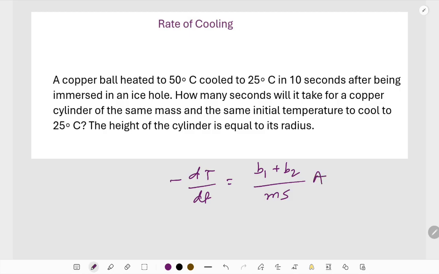B1 and B2 are some constants. M is the mass, S is the specific heat, and A is the area of cross section. T minus T naught, where T is the temperature of the surrounding and T naught is the temperature of the body itself.